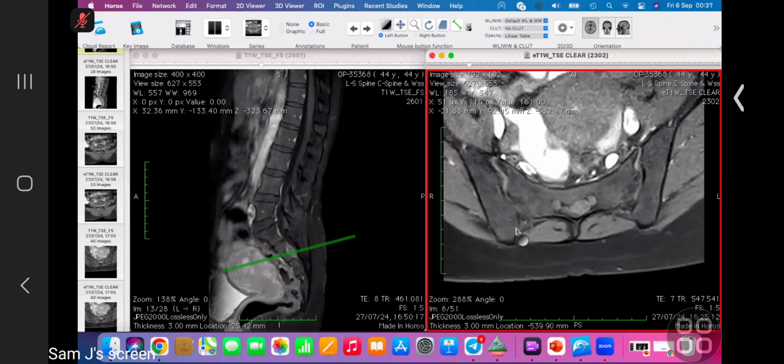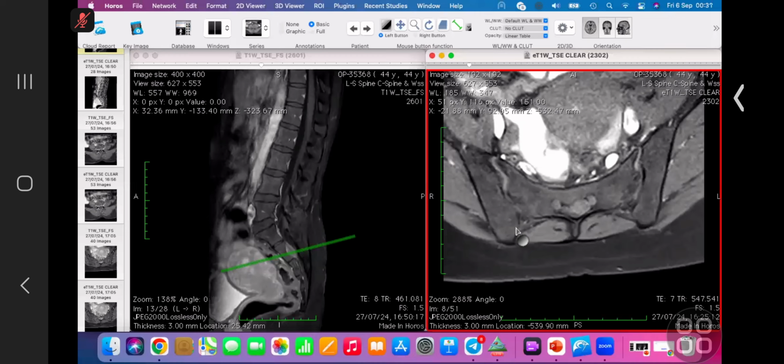Okay, so your diagnosis and differential diagnosis? Because of the homogeneous enhancement, it could be due to spinal cord meningioma. For another differential, I want to see the T1 image to see if it has a fatty component or not, to rule out lipoma. So you are contradicting your own statement.